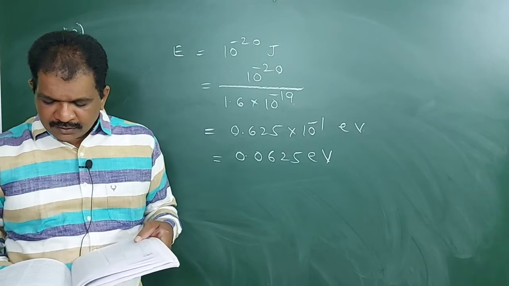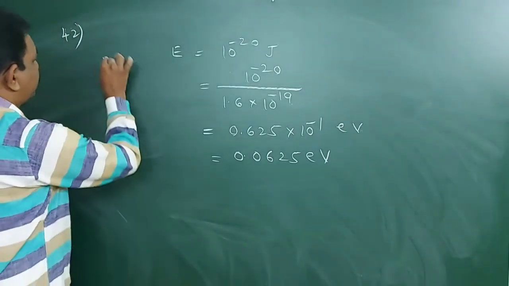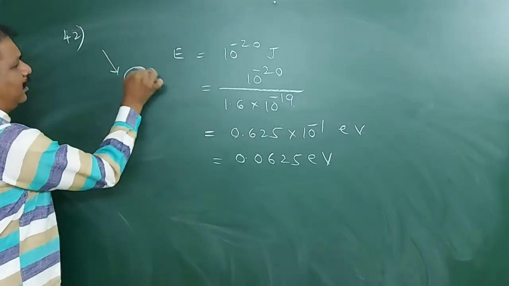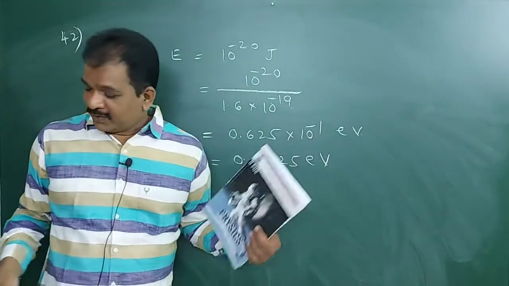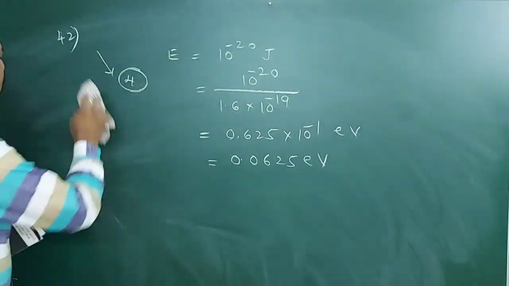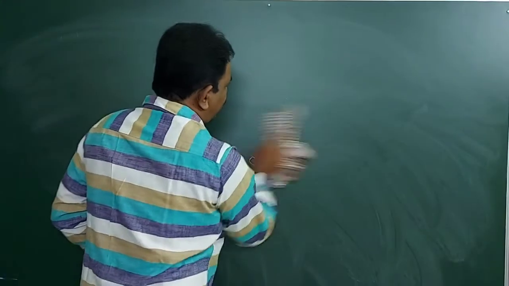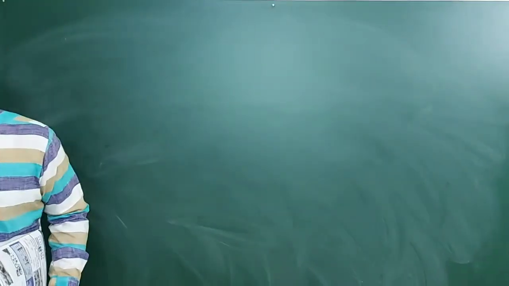So for this it will be the fourth option. Last year's paper, simple questions these are. Next, 43.